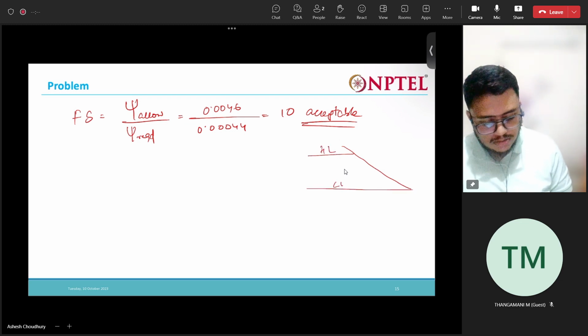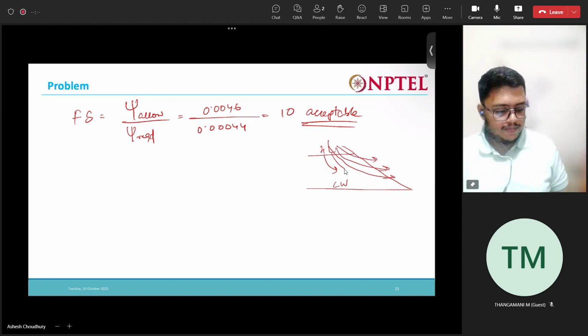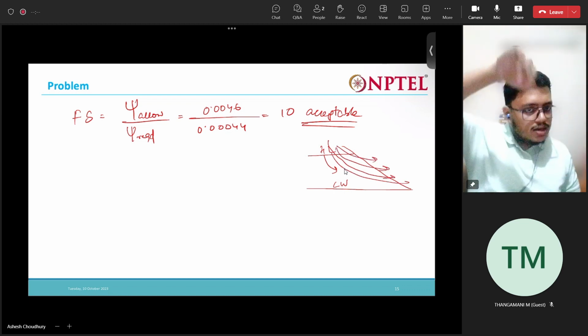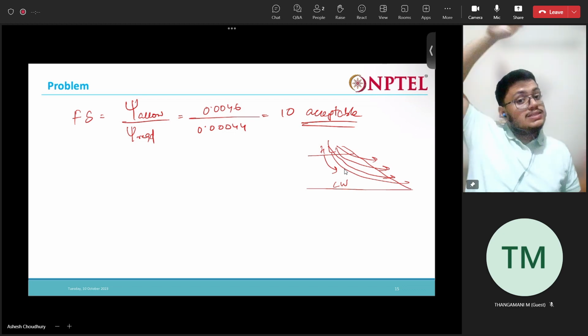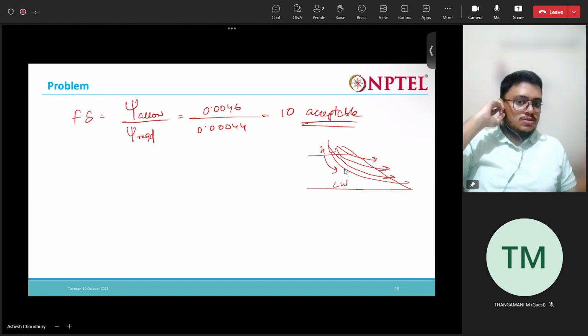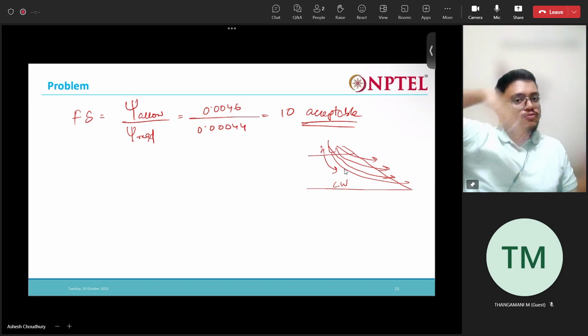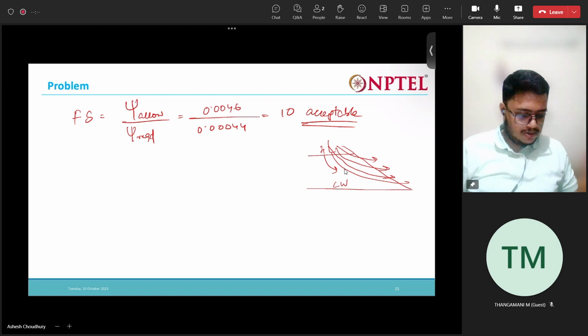When water recedes from here to this low level, that time this flow is occurring to the geotextile, right? So that much flow the geotextile should allow to easily happen through it.